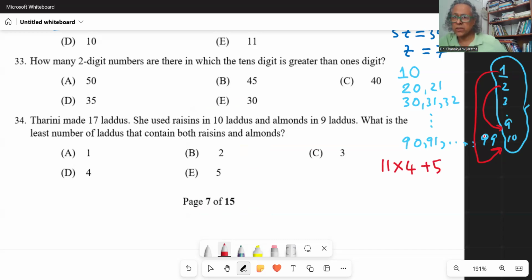No, that is not the answer. Actually, we have, so 1, 10. Sorry, I'm talking to myself. So we have 44.